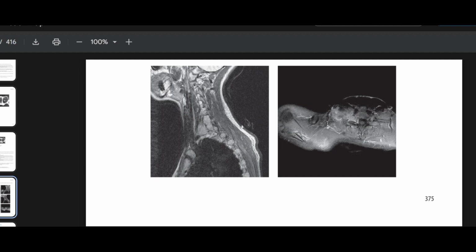The mass here is heterogeneously enhancing with contrast, and this is the expansion of the neural foramen.